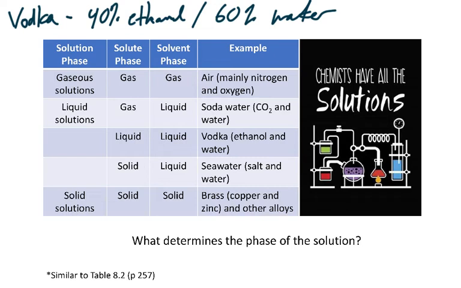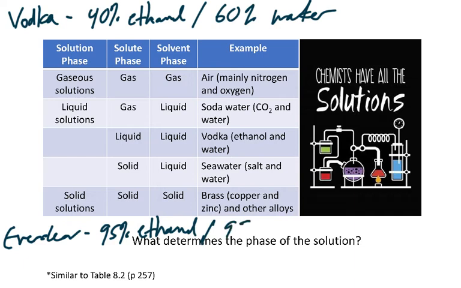But there's this nasty little thing out there called Everclear, and it is 95% ethanol, 5% water, which is crazy. It's not something that is actually supposed to be drank. It's supposed to be mixed. But anyway, in this case, ethanol is the solvent, right?